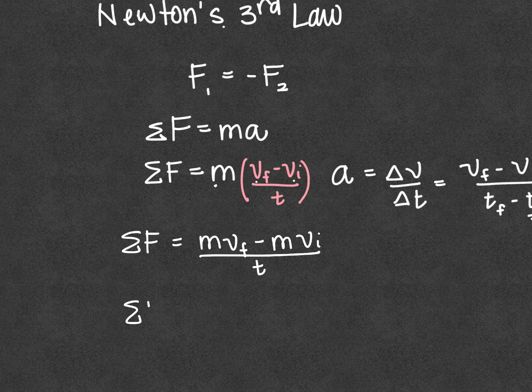Now, if I look at the force applied, the net force, times the time, so I'm just going to multiply the time over, I'll have v final minus v initial.